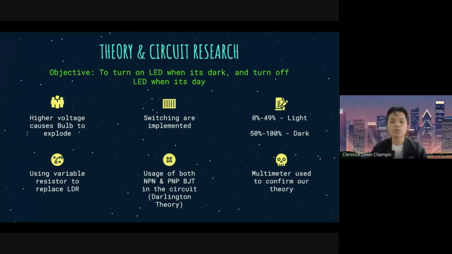Previously, we implemented a bulb instead of an LED because we wanted to build a bigger project. Even though we were able to amplify and minimize the current while using high voltage, the bulb still exploded. So we decided not to use high voltage, and instead use a simple circuit with a few changes.